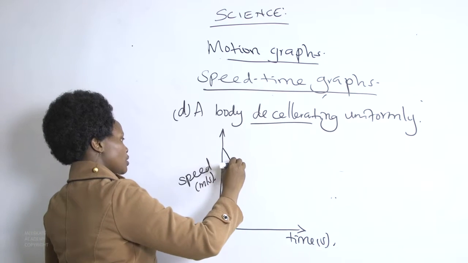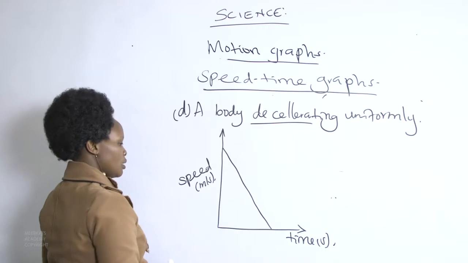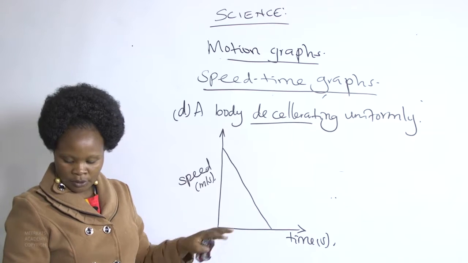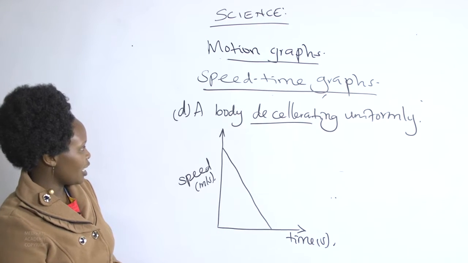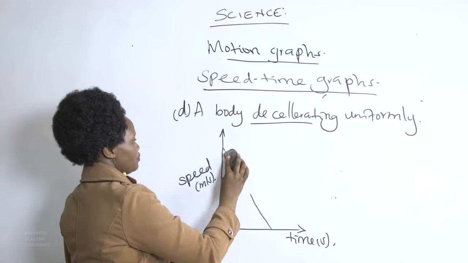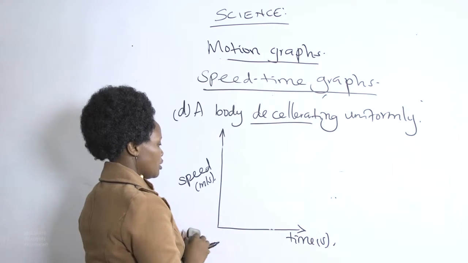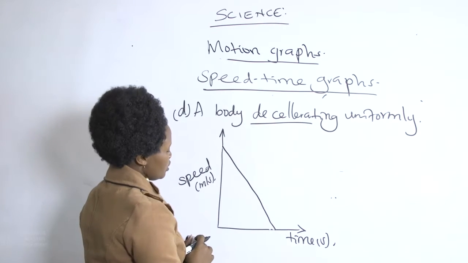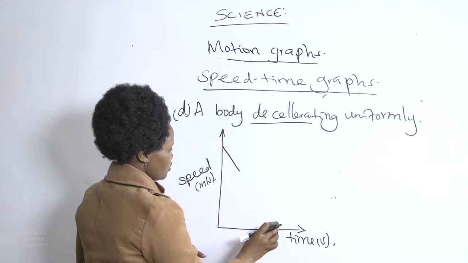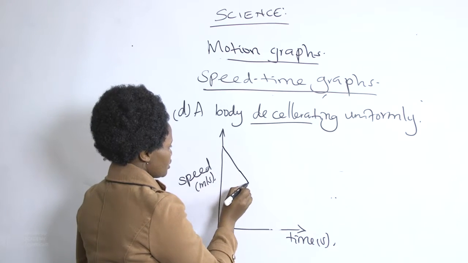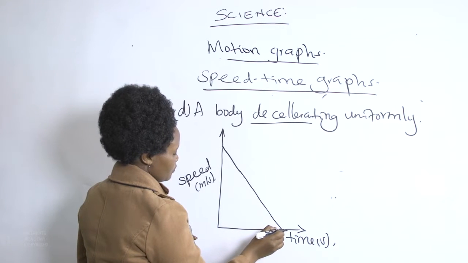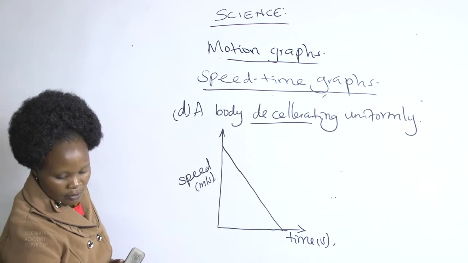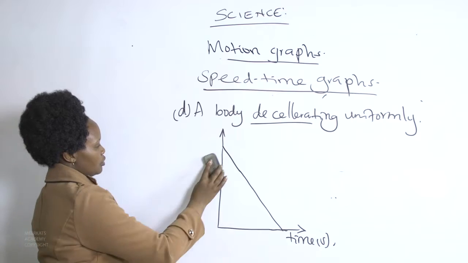Now our graph is going to exhibit a negative gradient that is actually uniform, to show that the velocity of the body decreases uniformly. Uniform decrease in the velocity of the body.